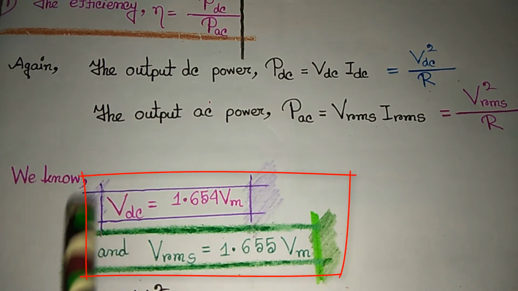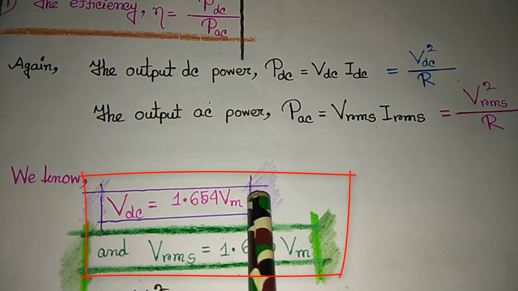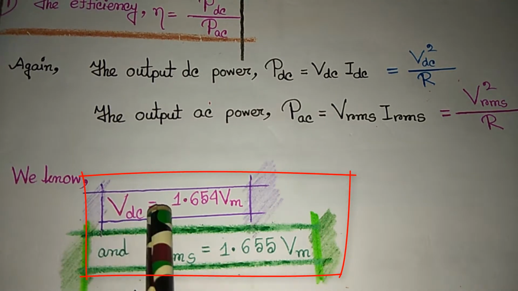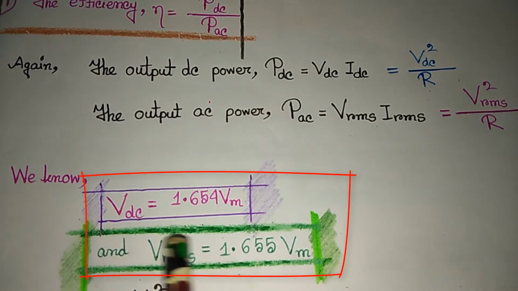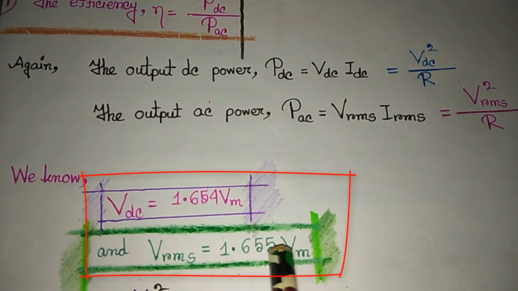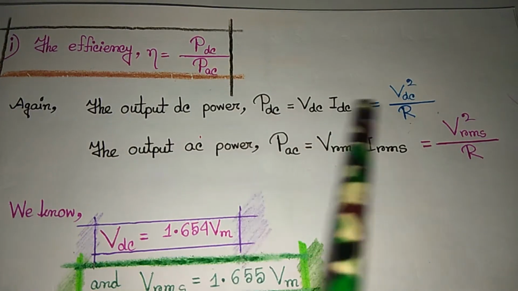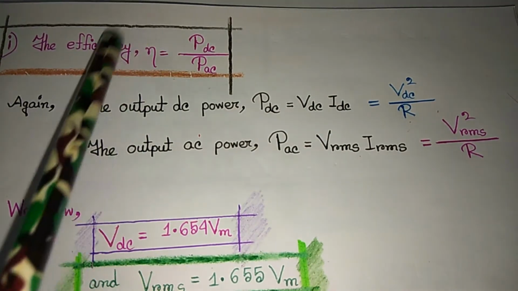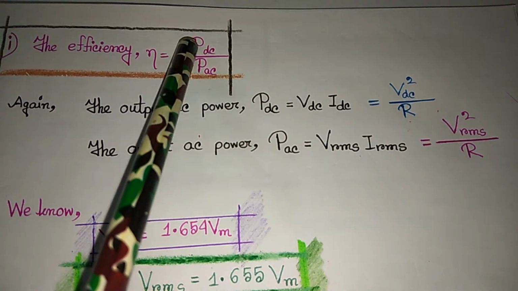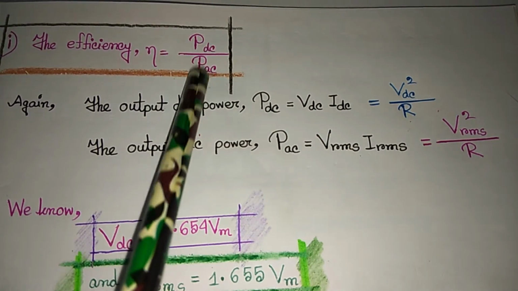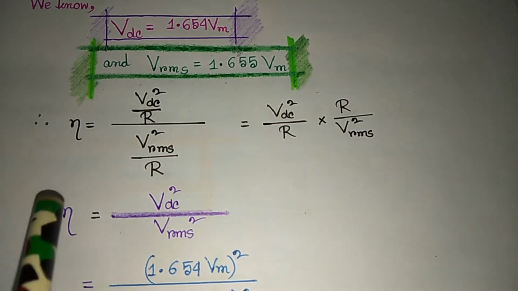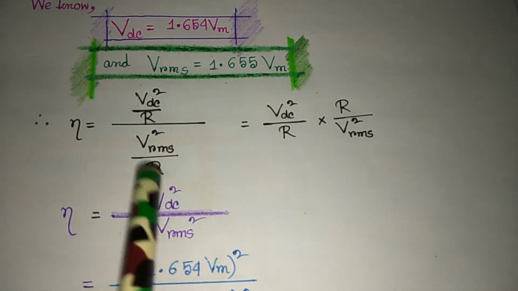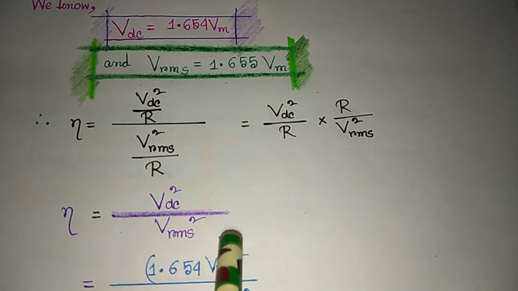And we know there is a relation between VDC and Vm. We can write VDC equals 1.654 Vm, and in case of VRMS we can write VRMS equals 1.655 Vm. Now using these values we can write efficiency equals VDC square by R divided by VRMS square by R. Now finally I can write efficiency equals VDC square divided by VRMS square.